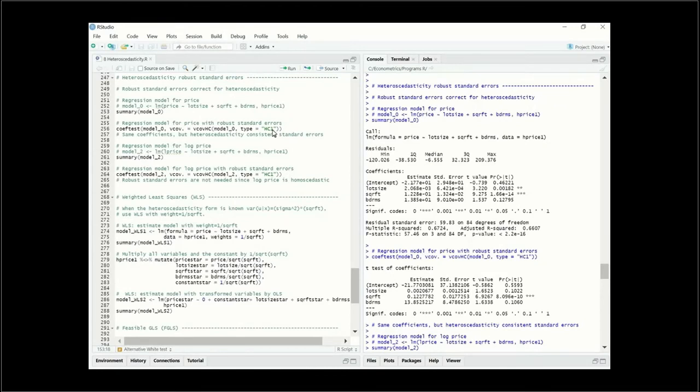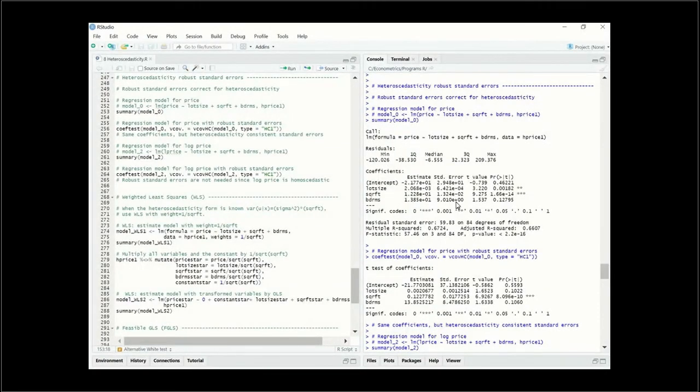So what we're going to see here is basically a correction for this model that we have above. Notice that in terms of the coefficients, there's a bit different scaling in terms of using E, but these are exactly the same coefficients that we had before. So the coefficients don't change, but the standard errors change a little bit.